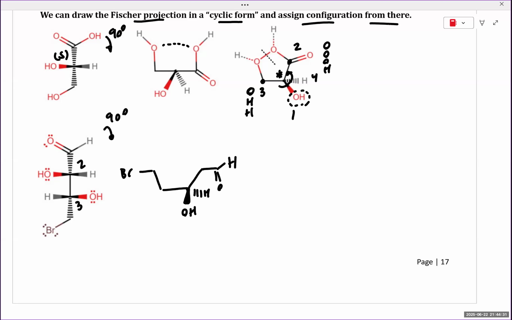Because when you rotate your molecule 90 degrees, essentially anything on the left gets a wedge, anything on the right gets a dash. Left, right. This alcohol is on the left, so it's wedged. This hydrogen's on the left, so it's wedged. This hydrogen's on the right, it's dashed. This alcohol is on the right, it's dashed.